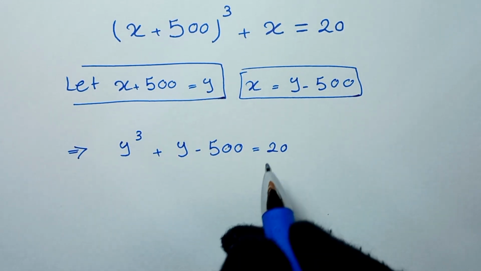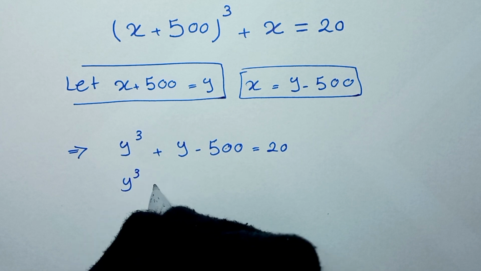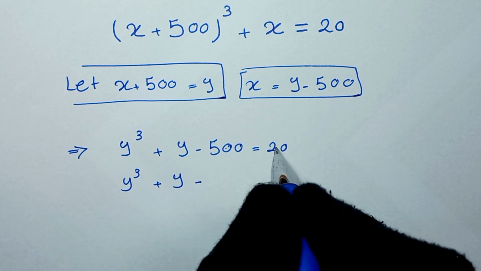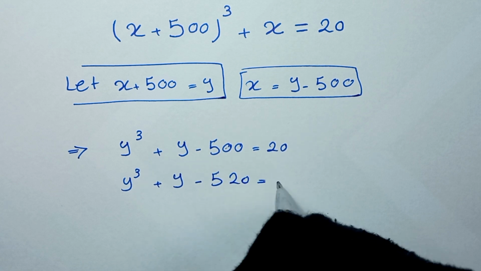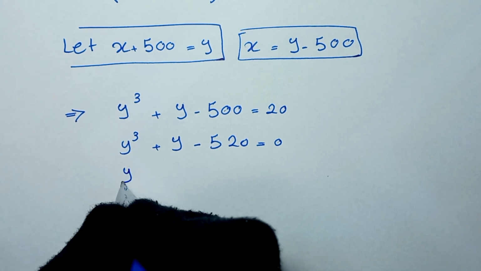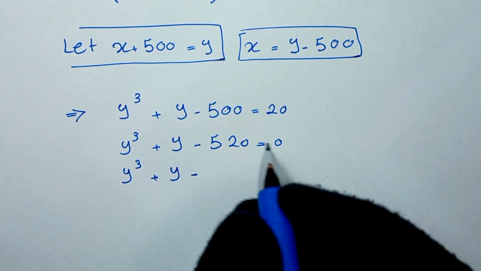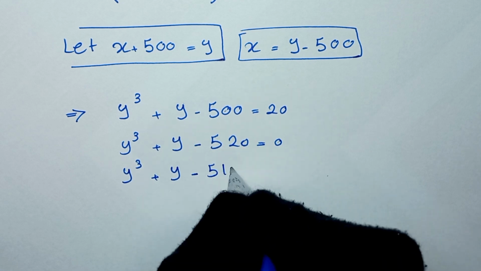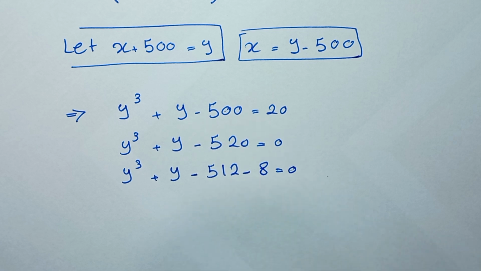In the next step, we take this 20 to this side and it will be y cubed plus y minus 500 minus 20, which is 520, is equal to 0. Then we have y cubed plus y minus 520, and we can write this as 512 minus 8, right, is equal to 0.